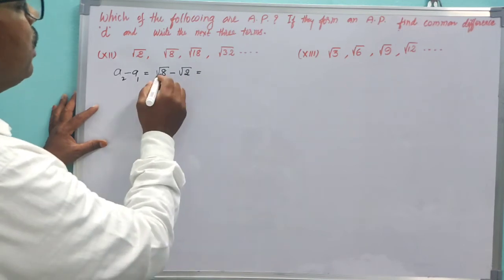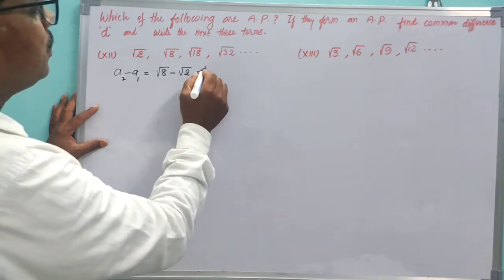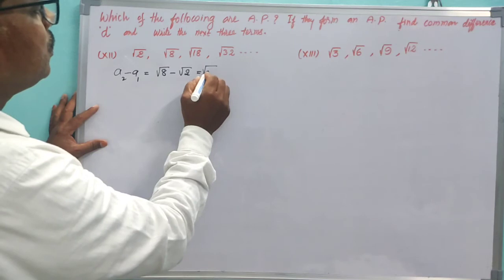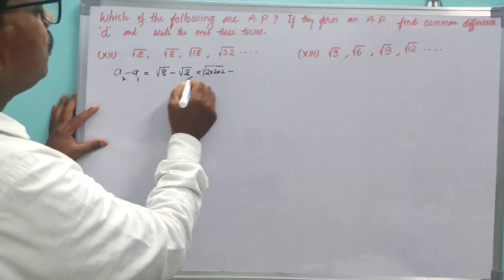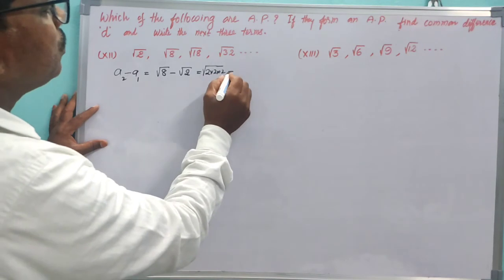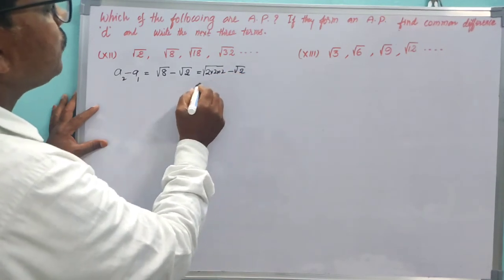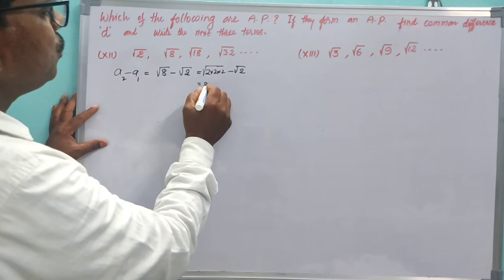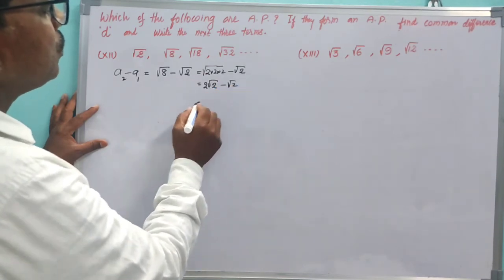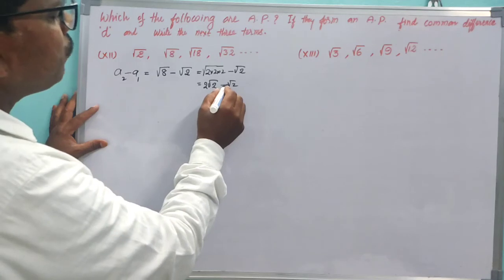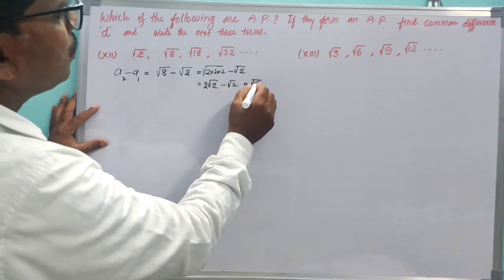Now see here, a2 can be written as, 8 can be written as 2 into 2 into 2, so root 8 minus root 2 is equal to 2 root 2 minus root 2. So 2 root 2 minus 1 root 2 is equal to root 2.